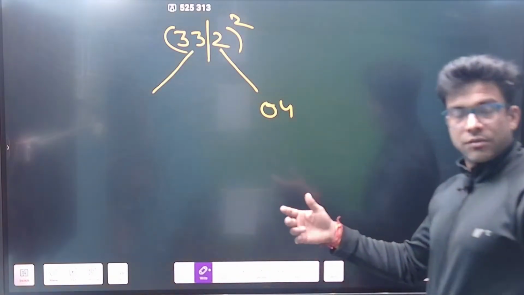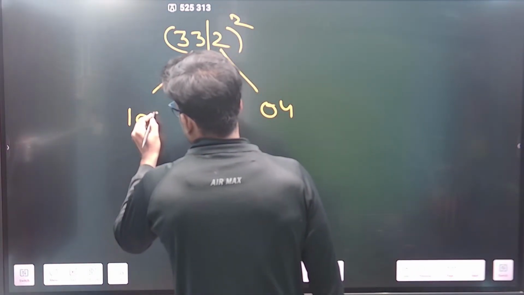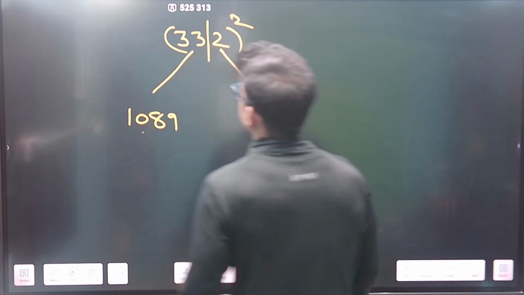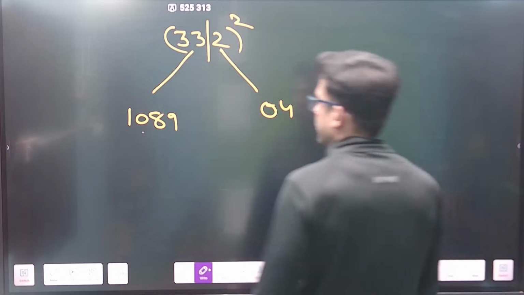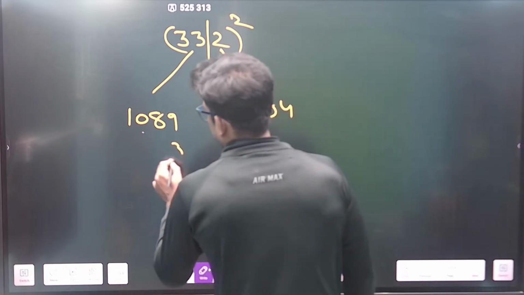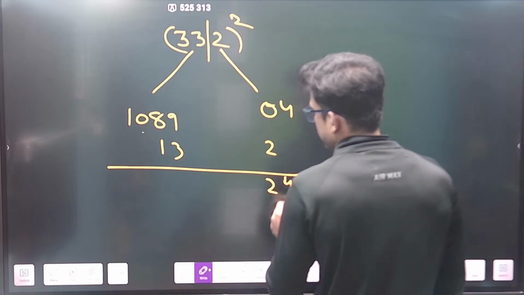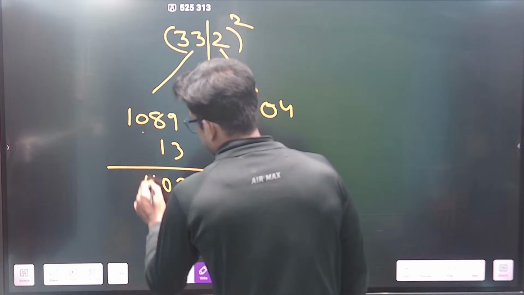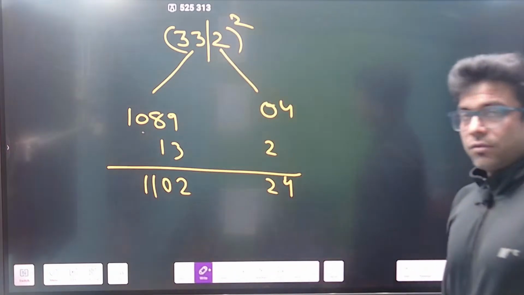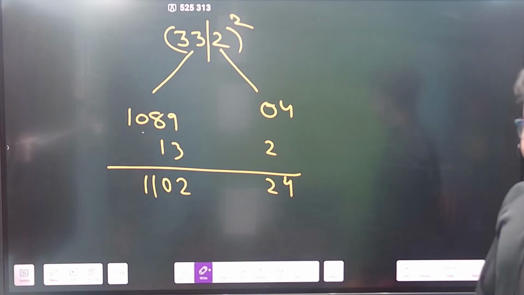Now you need to struggle in this part, but that would be 1089. Now 33 into 2 is basically 66. 66 into 2 is basically 132. So write down 2, 3, 1. Add. You're getting 4. You're getting 2. 9, 3, 12. 8, 9, 10, 0. And this is 11. So basically 110224. Correct? Clear, everyone? I hope you understood. Clear?